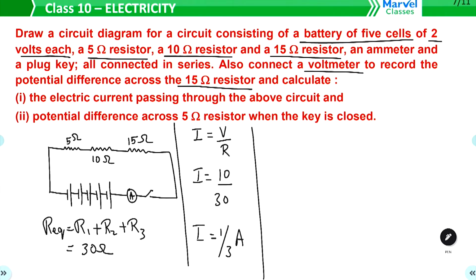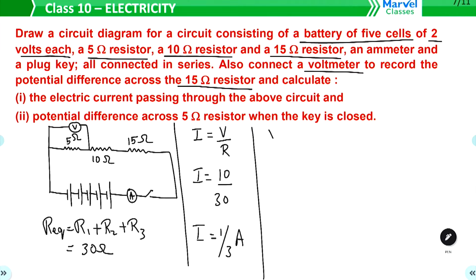Now, in the second part of the question, they are asking us to find the potential difference across the 5 ohm resistor. You see, this is the 5 ohm resistor. Across it, I will put a voltmeter. This voltmeter across the 5 ohm resistor will tell me how much potential drop I am going to face. It is again very easy, because since the 3 resistors are in series, the potential drop on each resistor will be different.